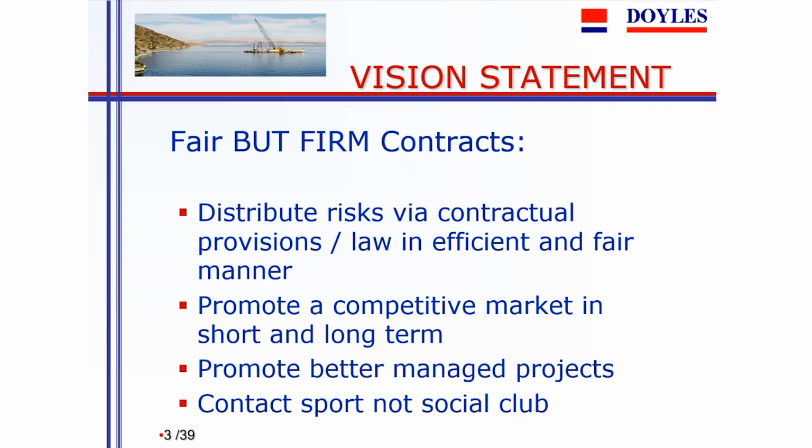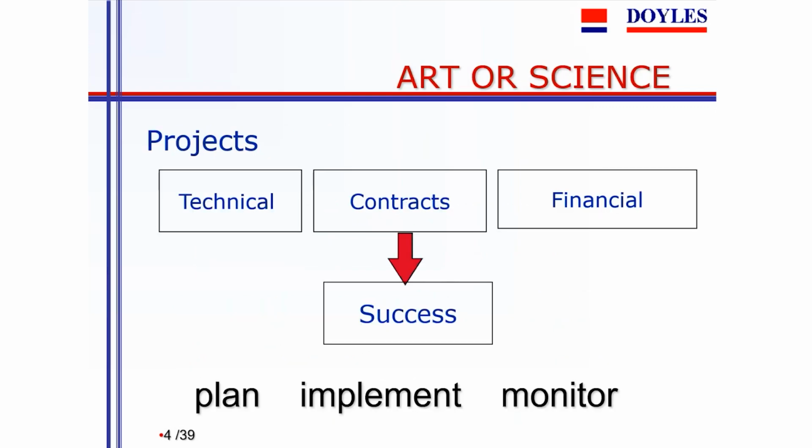So if we go down again, the next slide, you've got to look at the aspects of a contract. Firstly, there is the technical side of it. That is, if you've got a project, you need to have technically competent people inputting into the management and the contracting of that. Again, you have to have some sensible idea of the financial.